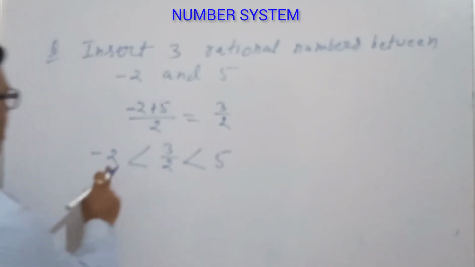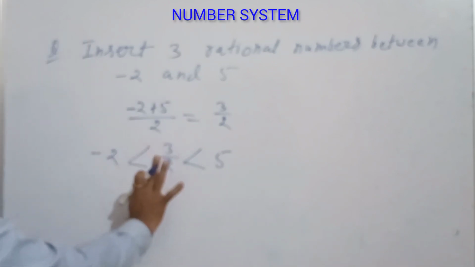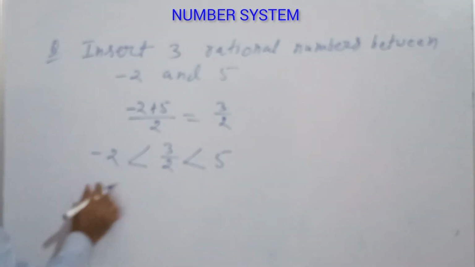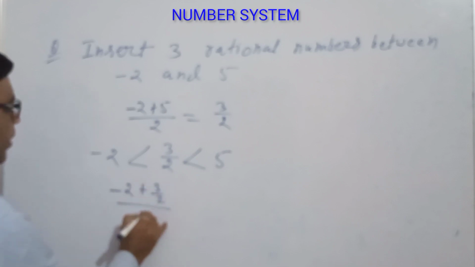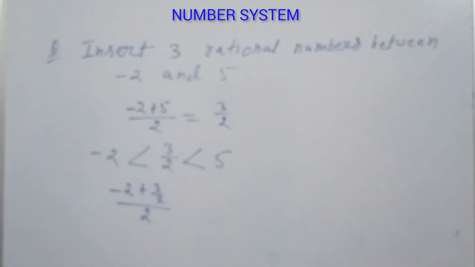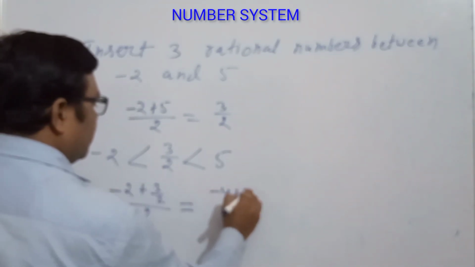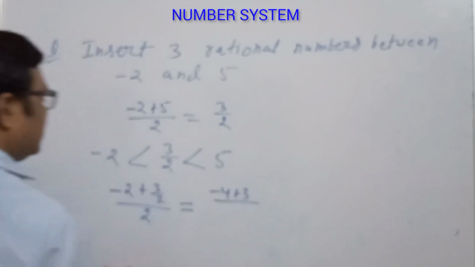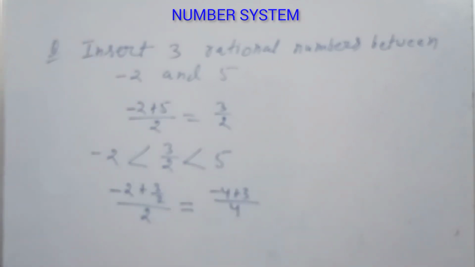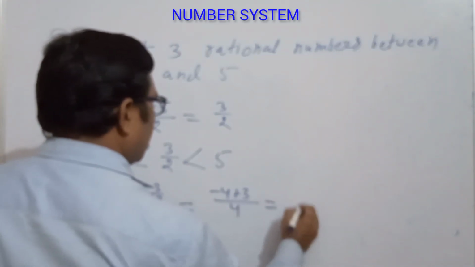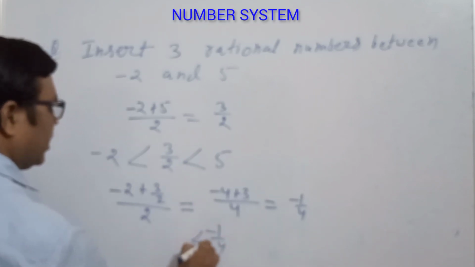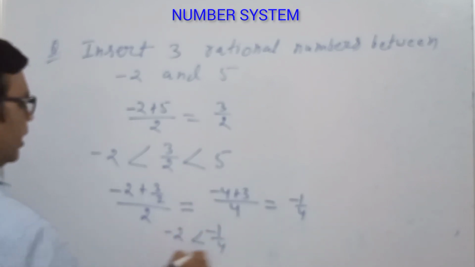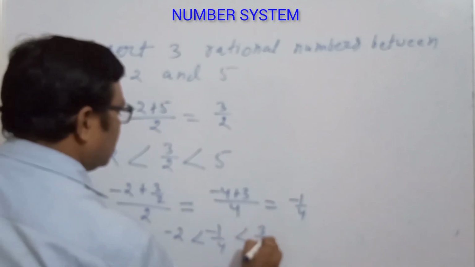First, the first rational number is 3 by 2, and the second will be what? -2 plus 3 by 2, divided by 2, is equal to -4 plus 3 by 4, is equal to -1 by 4. It means -1 by 4 is greater than -2 and less than 3 by 2.